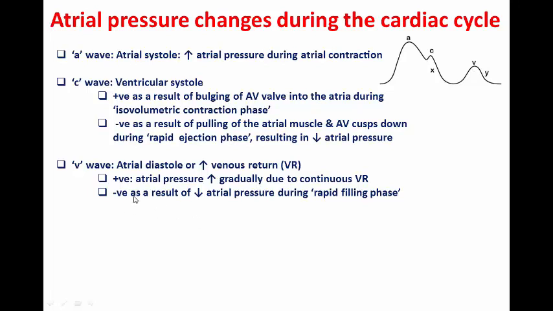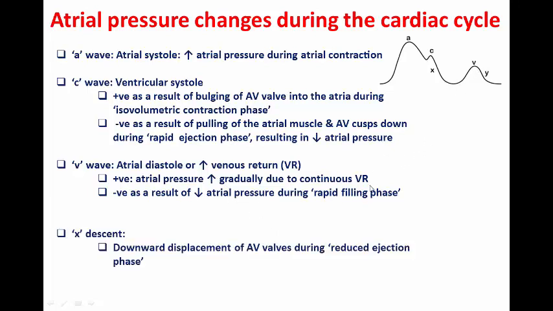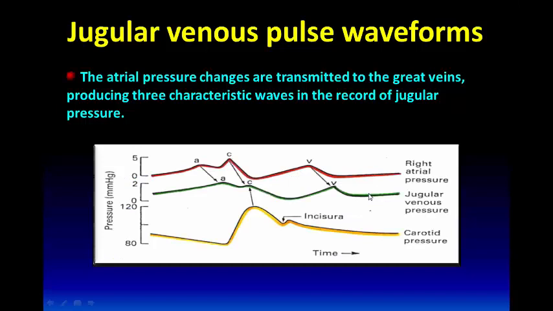And the negative component is the result of the decreased atrial pressure during the rapid filling phase. The X descent in the atrial pressure curve signifies the downward displacement of the AV valves during the reduced ejection phase, and the Y descent signifies the decrease in atrial pressure during the reduced filling phase.